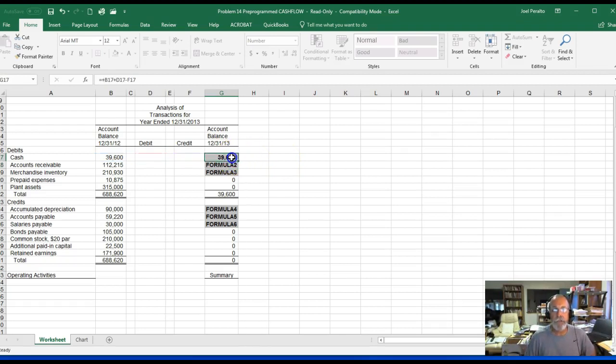And so we should be able to use that formula, copy that formula down, all the way down.